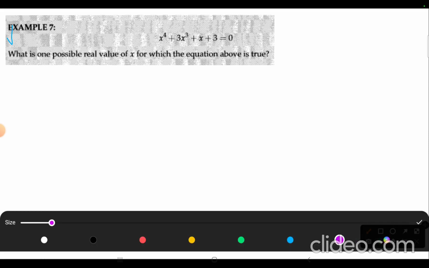What is one possible real value of x for which the equation above is true? Here we need to factorize this left side. And we see that x to the 4 we can write as x cubed times x, because here actually the power is 1 and powers are added, but generally we don't write 1.